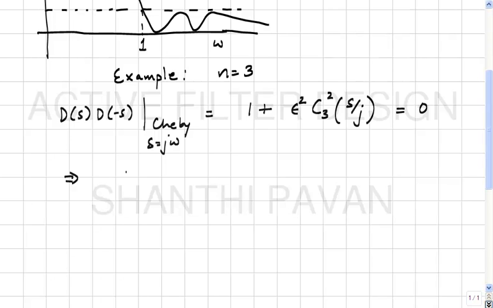So the poles of the Chebyshev are given by s must be, what did we say yesterday?